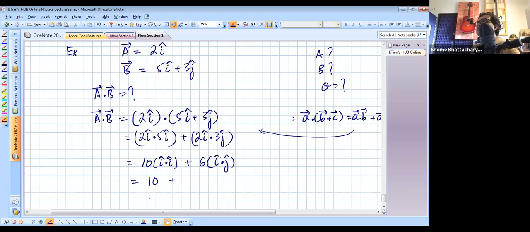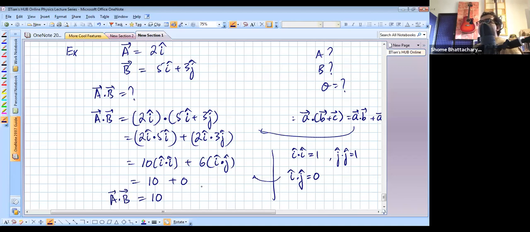So this becomes just 10. Because we know that the dot product of any unit vector with itself is unity, but the dot product of any unit vector with a perpendicular unit vector is 0. So we are just using that property, a combination of the distributive property and this.